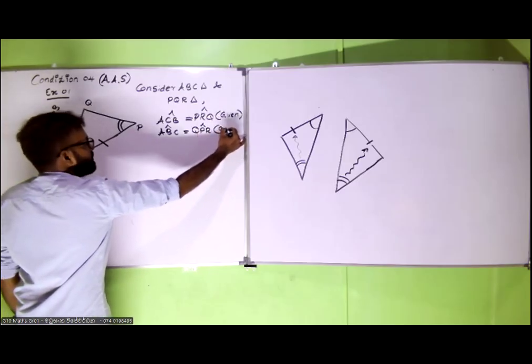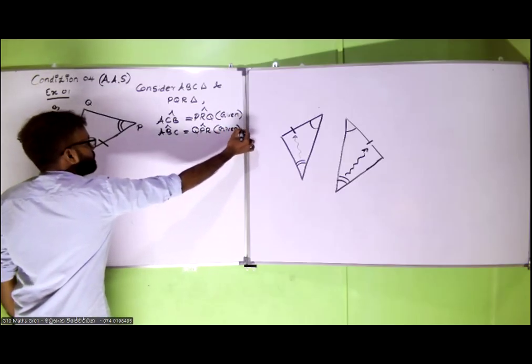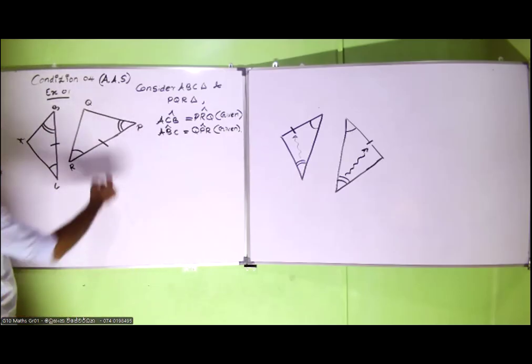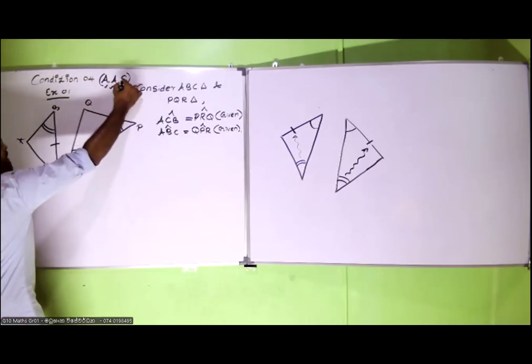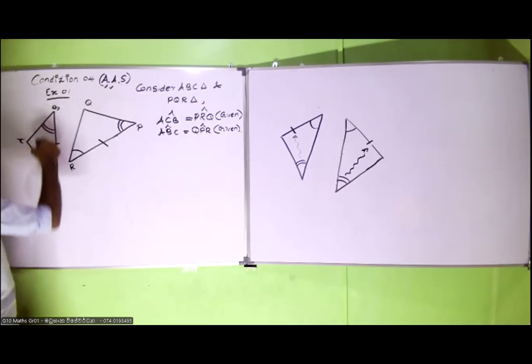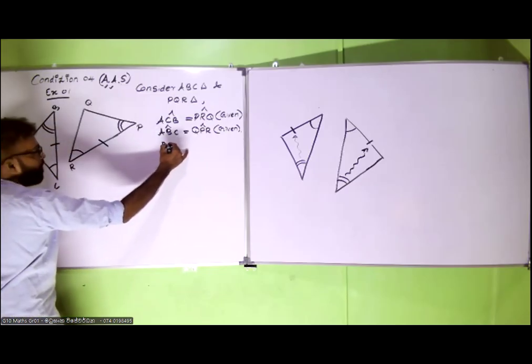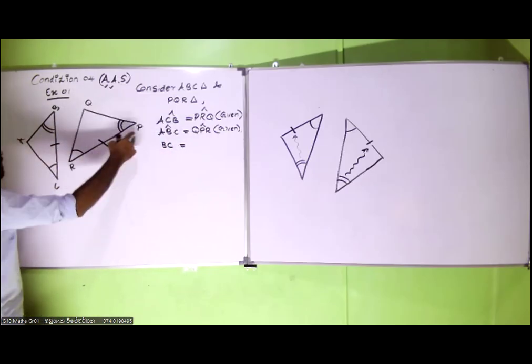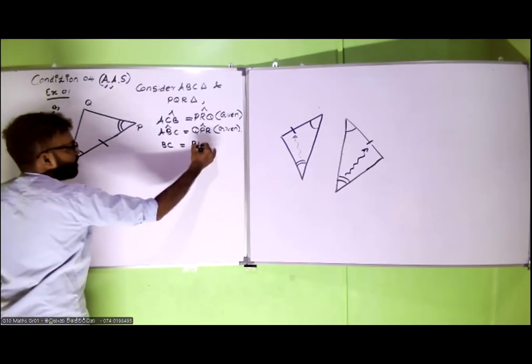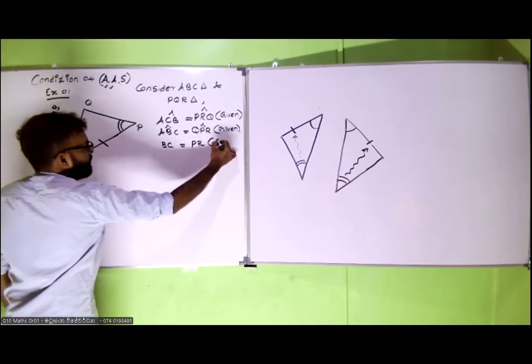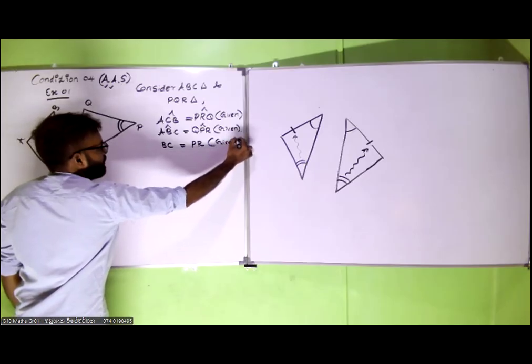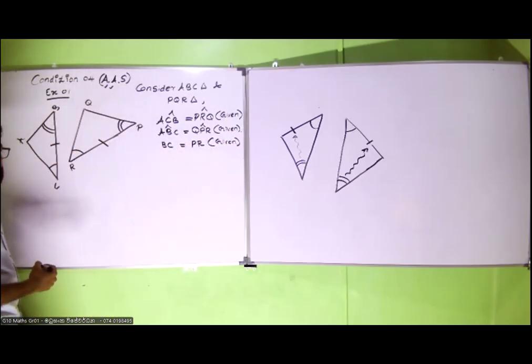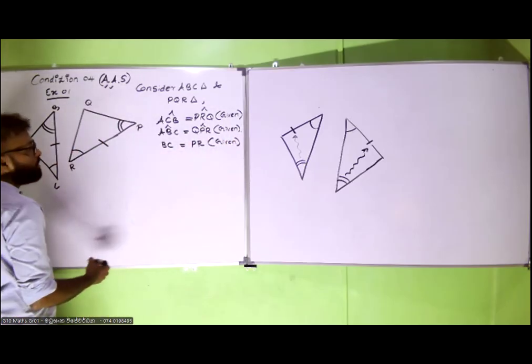The reason is given. Then the next angle: angle ABC equals angle QPR, because AAS. The reason is given. Then the side: BC equals PR. It is also given.